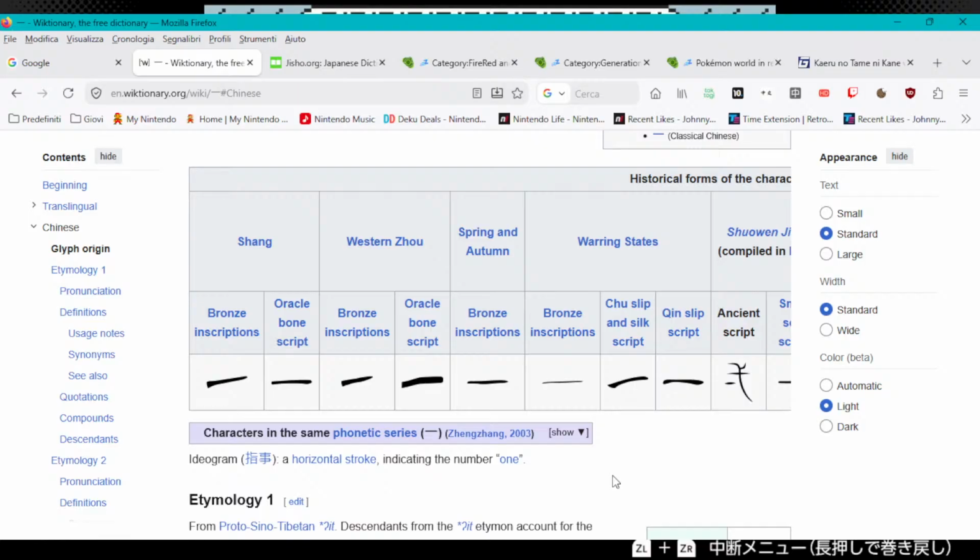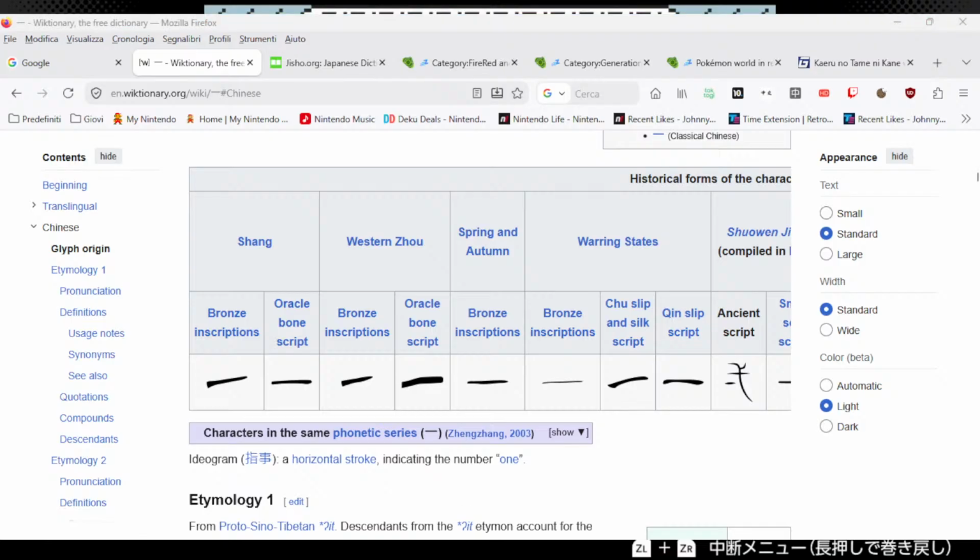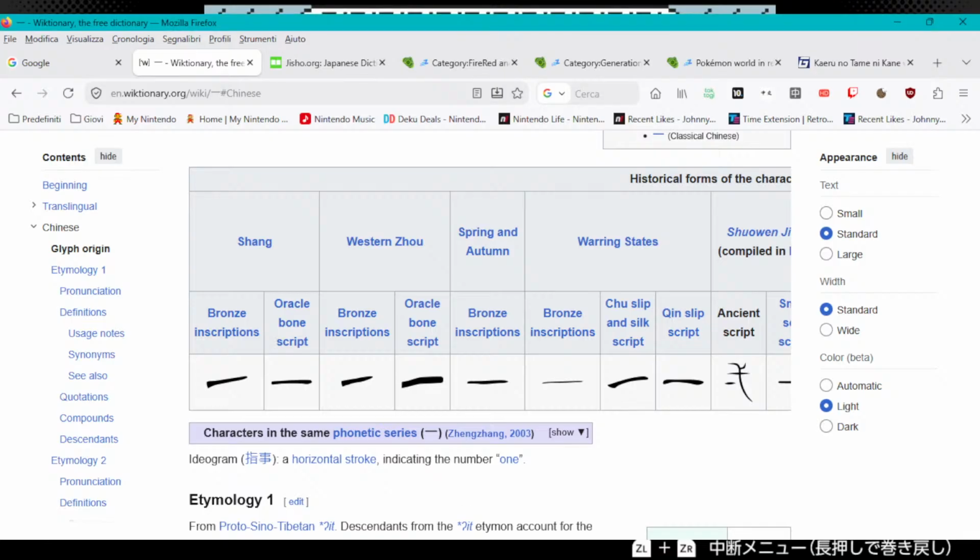Even though, why we haven't studied these kanji yet, the ones for numbers in general, is because, as you have seen, more often than not in practice nowadays, as we have seen in games, but honestly in general, you use the numerals we use also in English, the Arabic numerals, instead.